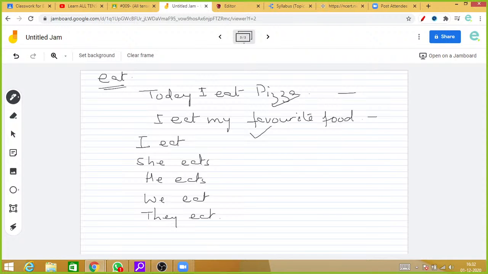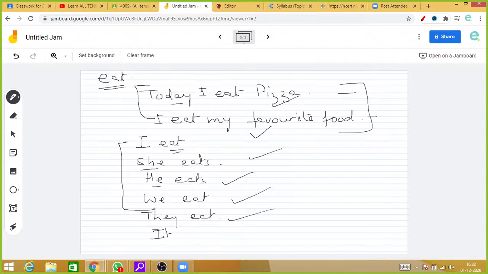Today I eat pizza. She eats her favorite food. He eats his favorite food. We eat our favorite food, or we eat pizza. They eat pizza. Just remembering this, you can actually make all these sentences using he, she, we, it.